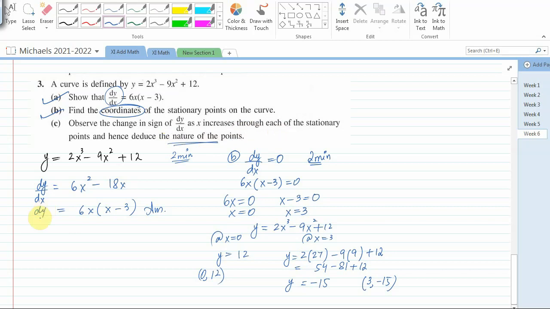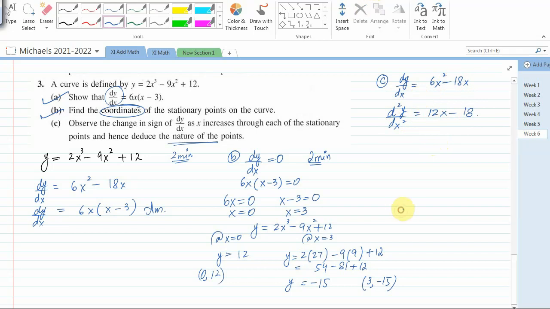You have dy/dx equals 6x squared minus 18x, right? So if I differentiate it one more time, that will be d squared y over dx squared. Now I am differentiating again, so 6 times 2 is 12x minus 18, right?